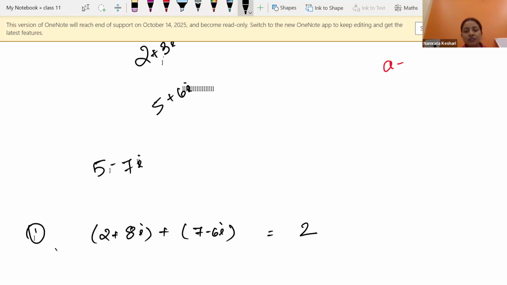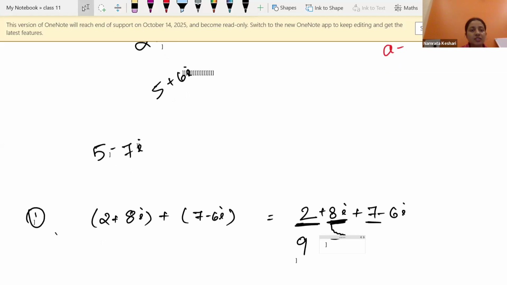The way you deal with an algebraic expression, you just do the same thing. Add 2 with 7, and you will have 9, and simplify 8i with 6i: 8i minus 6i will be plus 2i.